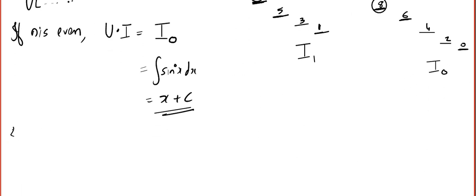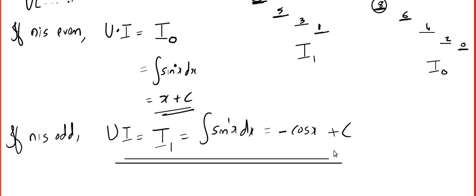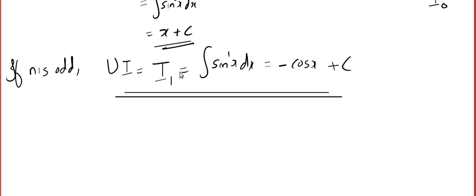Okay, now write the next line. If n is odd, the ultimate integral is I1, and that is the integral sine to the power 1 x dx, and that is nothing but minus cos x plus c. So that's it. Now I'll teach you how to apply the reduction formula.